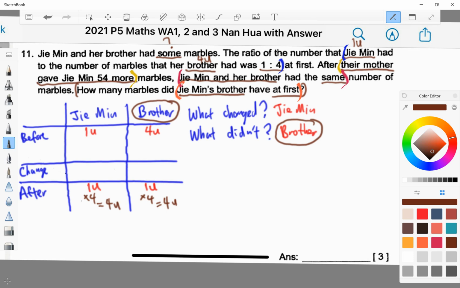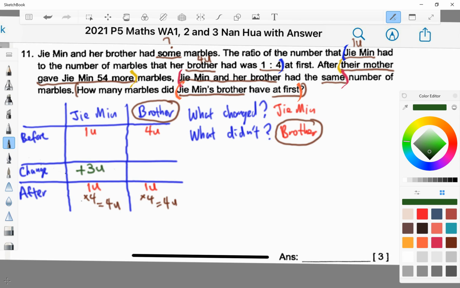Then, as you are looking at the table, you'll be asking me, Teacher Ray, where is the 54? From the table itself, you realize that at the start, Jiamin has 1 unit. In the end, she has 4 units. This means that her units must have increased by 3 units. Let me repeat this again.